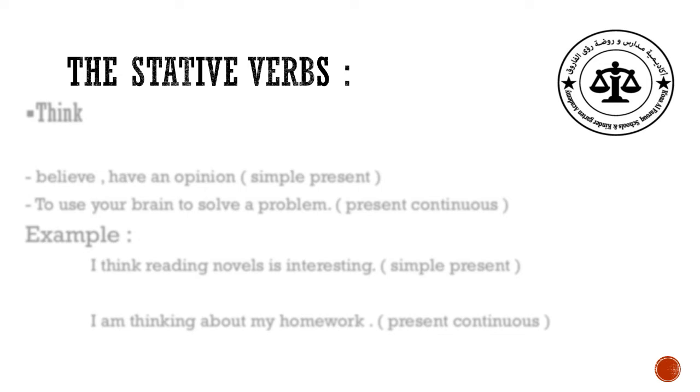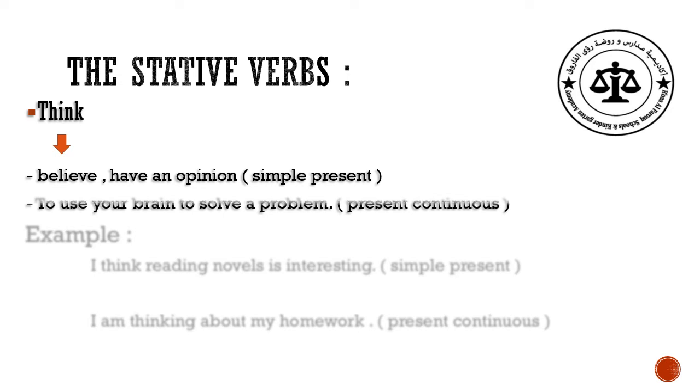The verbs that can be used in continuous tense. We are going to start with the verb think. We use the verb think in simple present if it means believe or have an opinion. But we use this verb in present continuous if it means to use your brain to solve a problem.